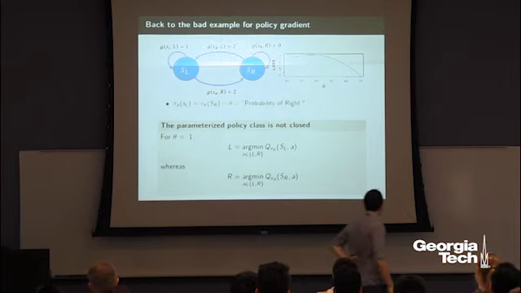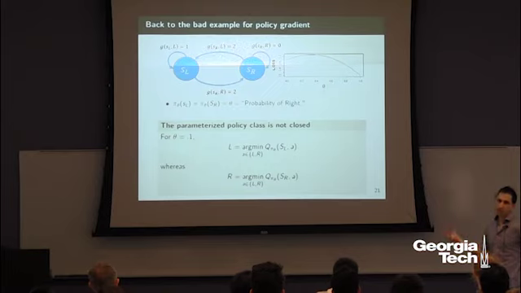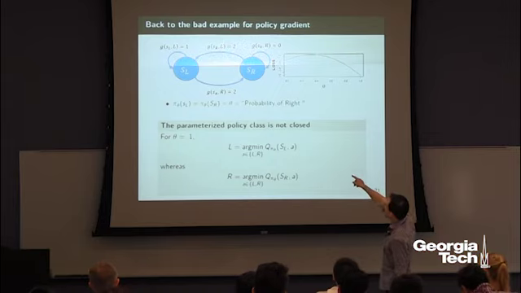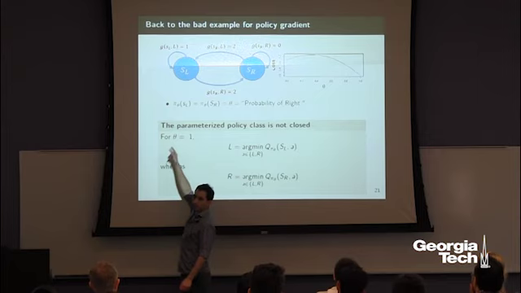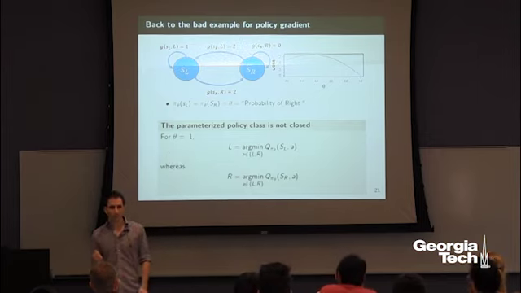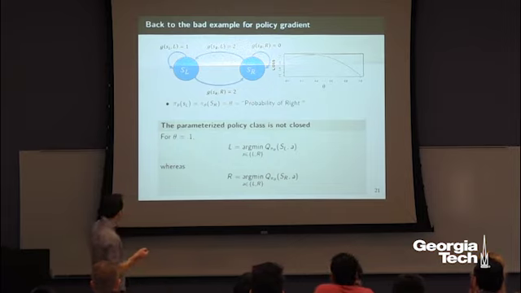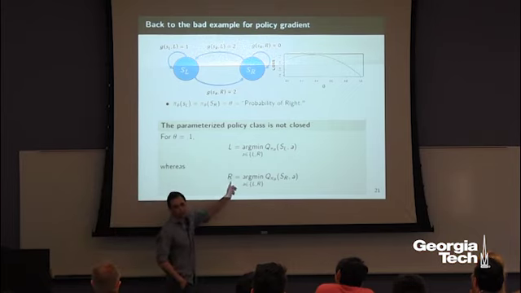So just the last bit of intuition here. Let's go back to the bad example. What's going on in that bad example is that this policy class is not closed under policy improvement. So what's the idea? Let's say that I start with a parameter that mostly has me moving left. Then when I do a policy iteration update, turns out that if I'm in the right state already, I want to stay right.